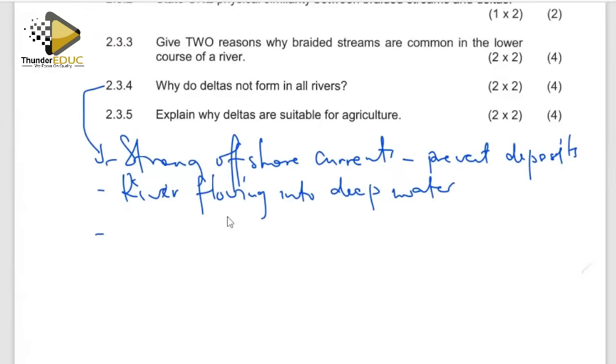But if a river is flowing deeper into its mouth, then there's automatically no chance of formation of a delta, because there will be energy there for the river to discharge its load into the mouth without accumulating deposits before the mouth. So river flowing into deep water, like for example, when there is a fall in sea level, automatically deltas cannot form, because the river will be flowing into a deeper source, into a deeper mouth.